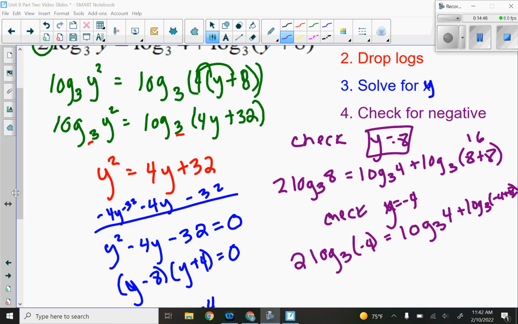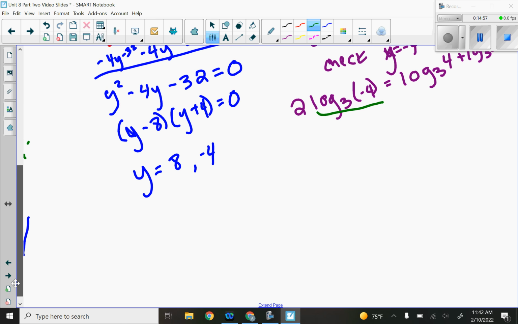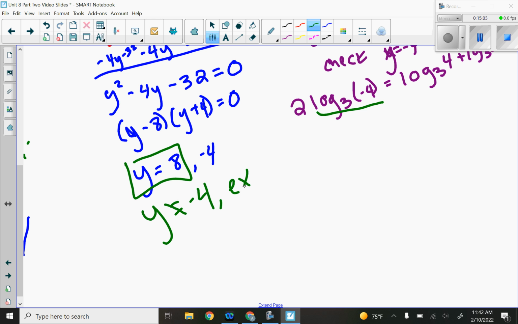So now we want to make sure we're not taking the log of any negatives, and when we look here, we're taking the log of negative 4. So that means, yes, y equals 8, but y can't equal negative 4. It's extraneous.